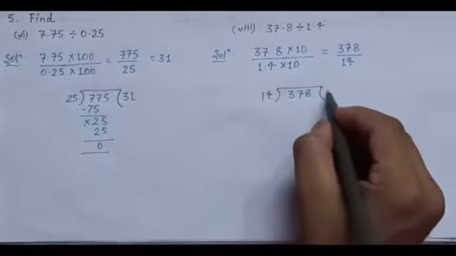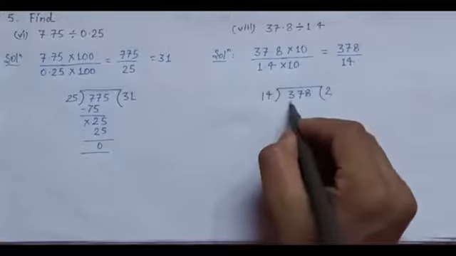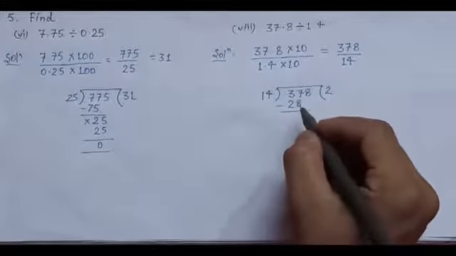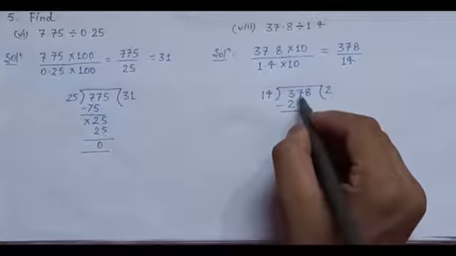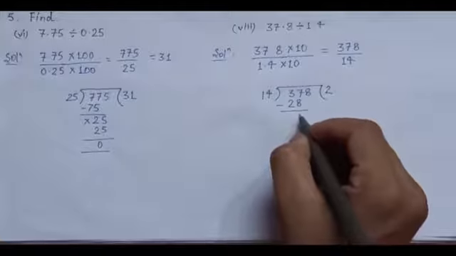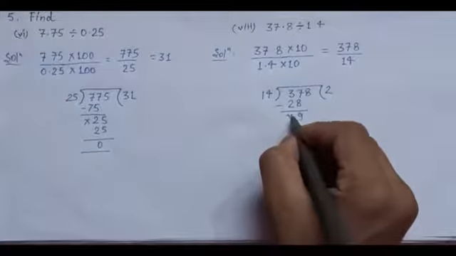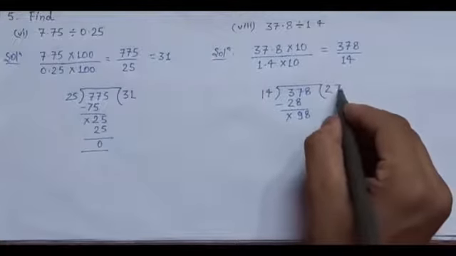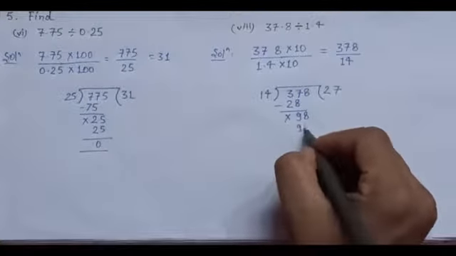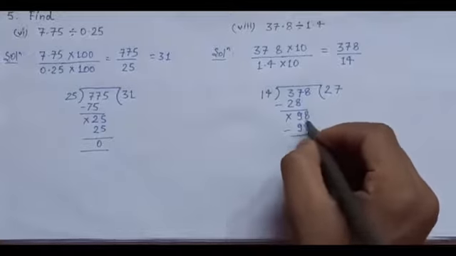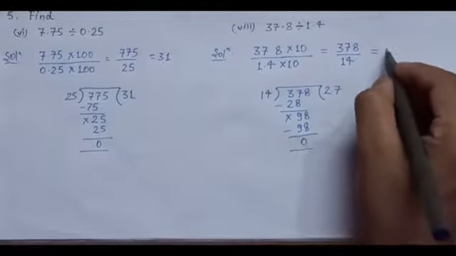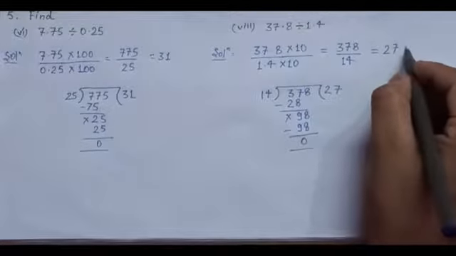So 14 times 2 is 28. After subtracting 28 from 37, we get remainder 9. The next digit is 8. Now you know 14 times 7 is 98. After subtracting 98 from 98, we get remainder 0. Hence our answer is 27.